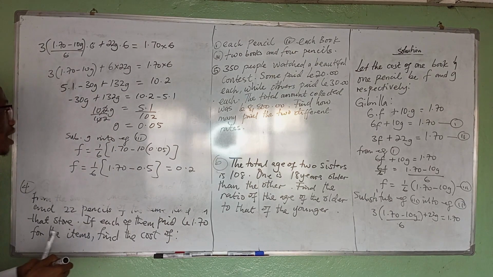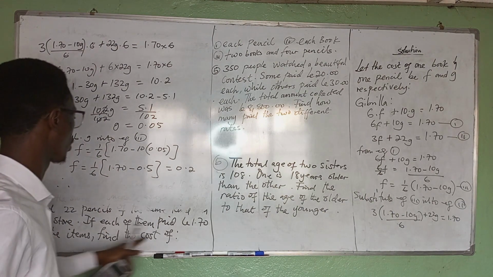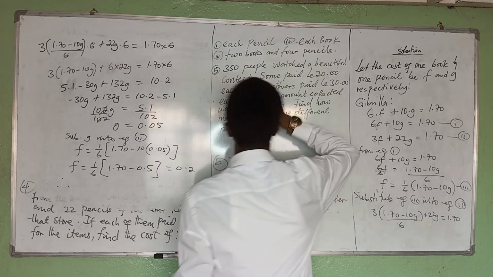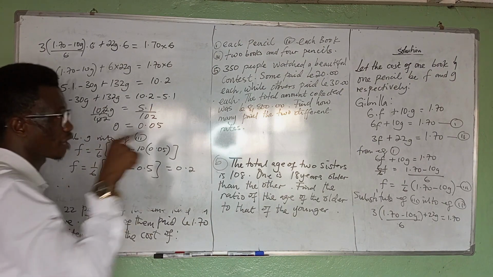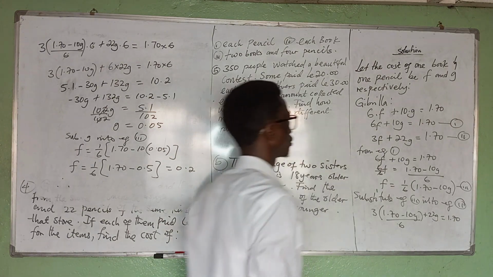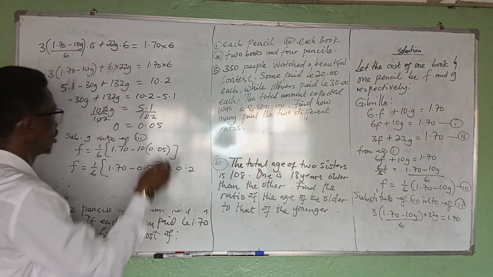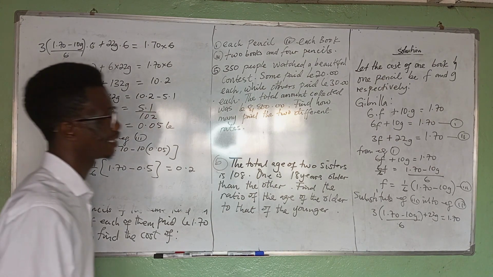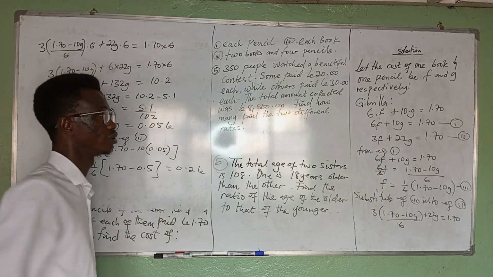Now, if you want to prove your answers, the question says find the cost of each pencil, each book, and 2 books and 4 pencils. So each pencil will cost, remember what we left for a pencil. The pencil was g. So each pencil will be 0.05 Leon, and each book will be 0.2 Leon.